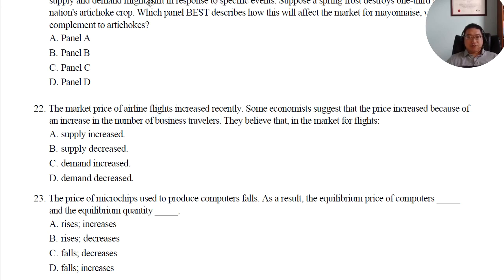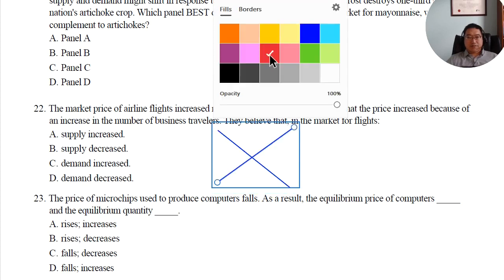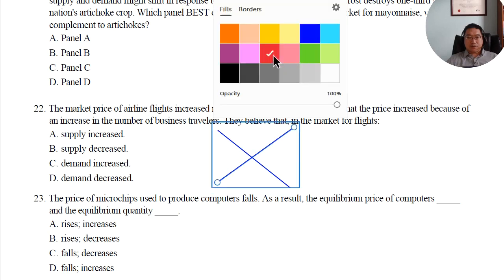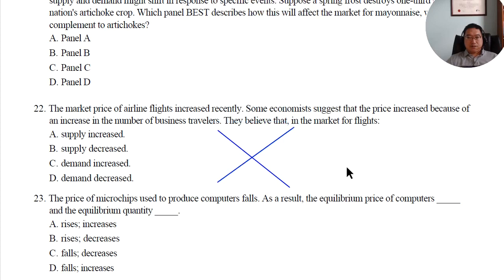So what's going on? The demand curve, and then we can have a supply curve. Let me give the supply curve a different color. So that's my supply curve now, the red one.